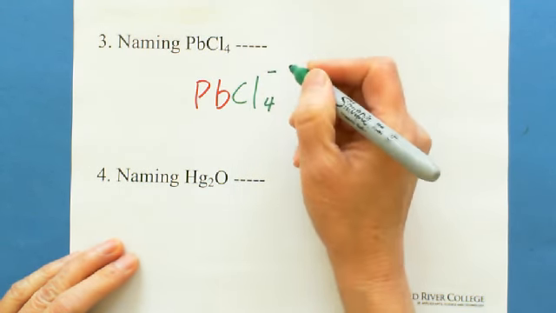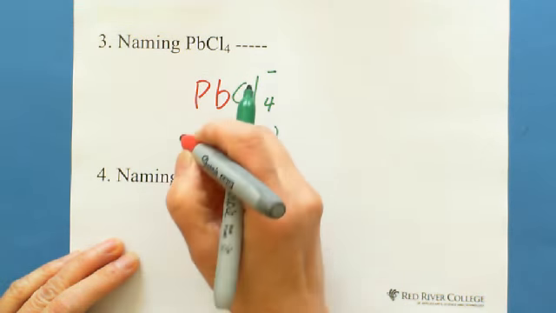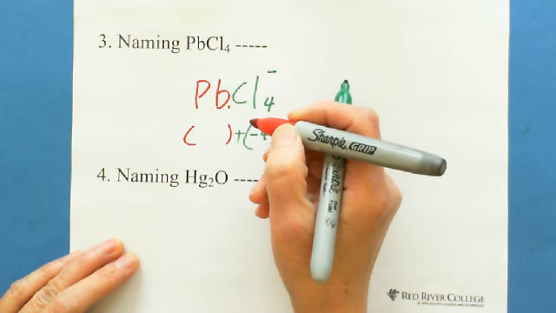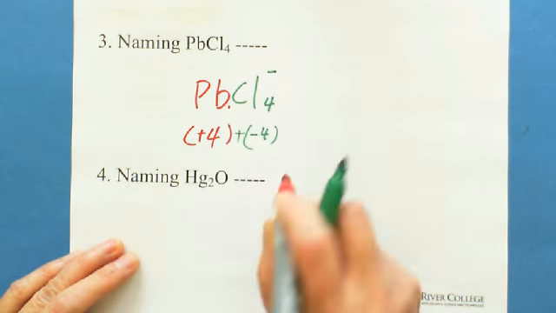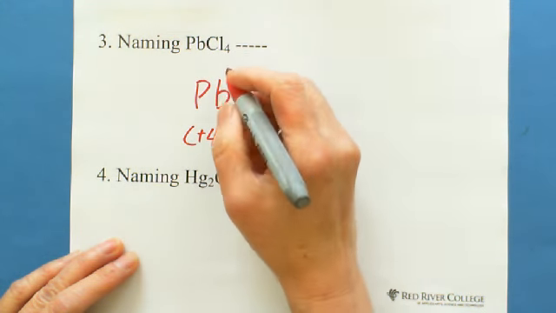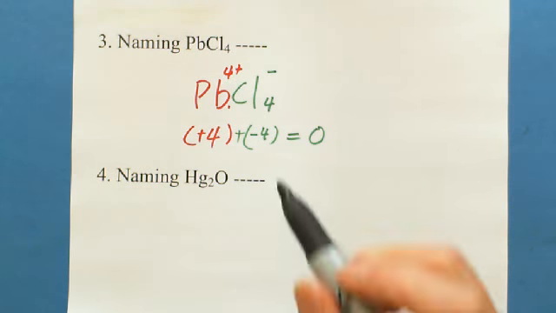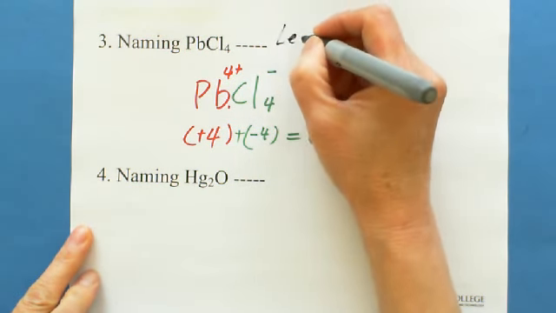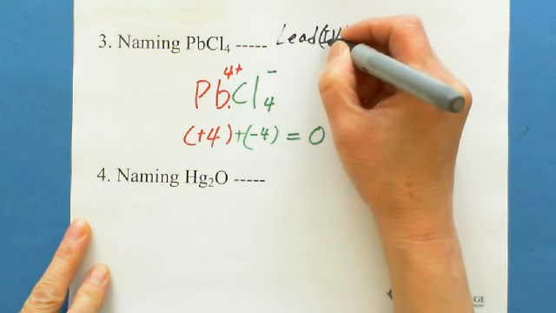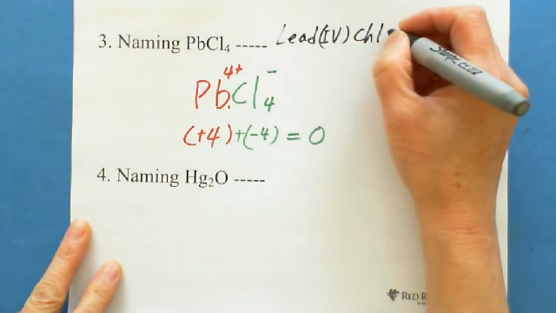Chlorine is -1, so the total is -4 charge. And the lead, only 1 ion, has to be +4, so that they make 0. So lead 4, Roman numeral, lead 4 chloride.